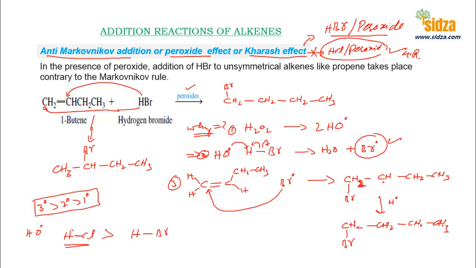So that means if you add HCl in presence of peroxide or in absence of peroxide, in all cases there will be the electrophilic addition reaction, right? It won't be the free radical mechanism, correct? With HBr, if you add the peroxide, the mechanism is a free radical mechanism here, right? But with HCl, it's not a free radical mechanism, correct? It will again dissociate into H plus and Cl minus, because the free radical will not be able to abstract the hydrogen here.